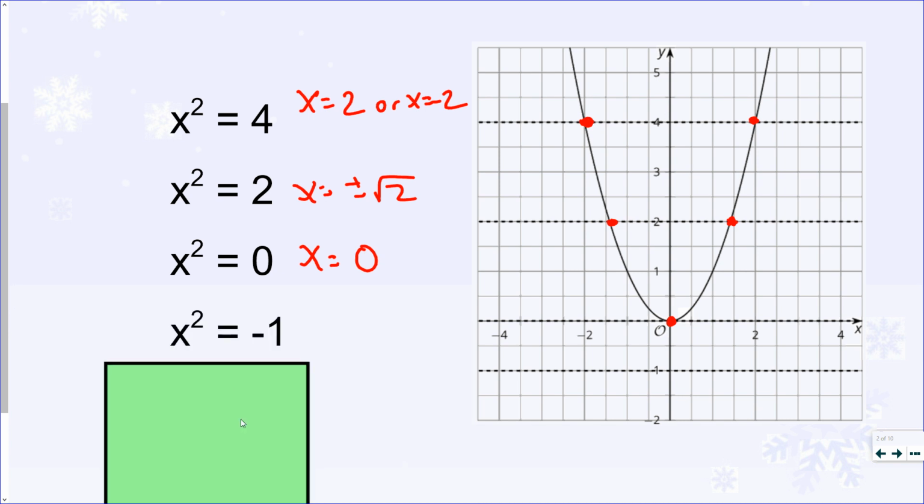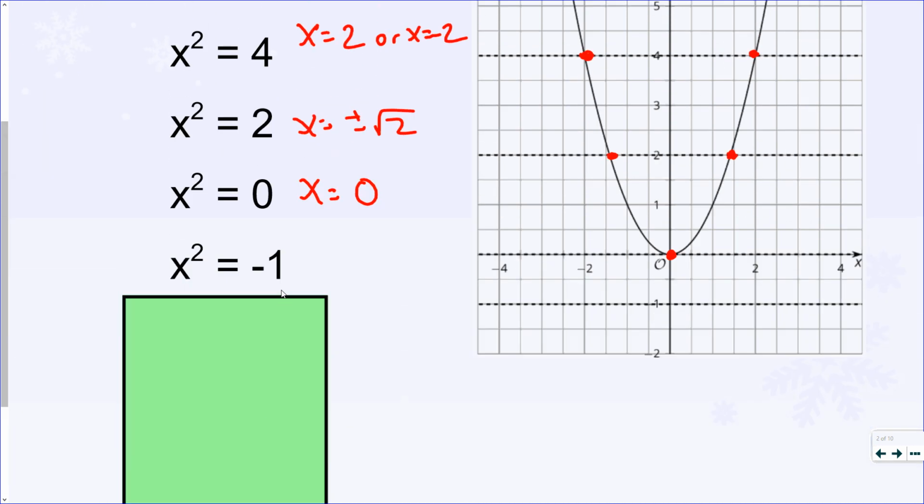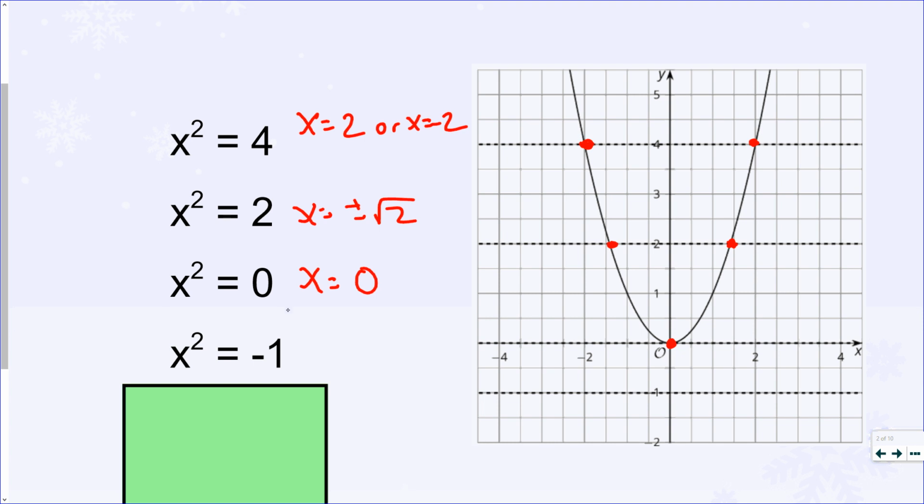And then finally, what about x squared equals negative 1? Well, here's my parabola, here's my negative 1 line, and the two never cross. There's no solution, there's no number that we can multiply by itself that gives us negative 1.